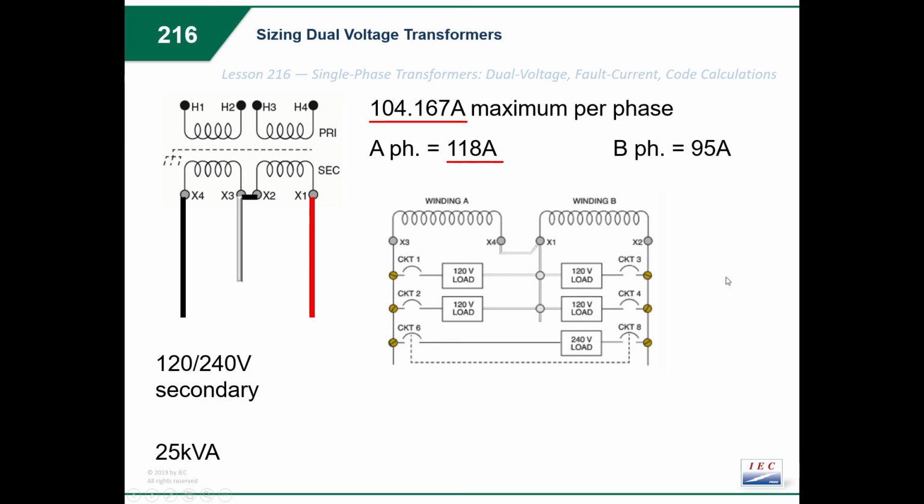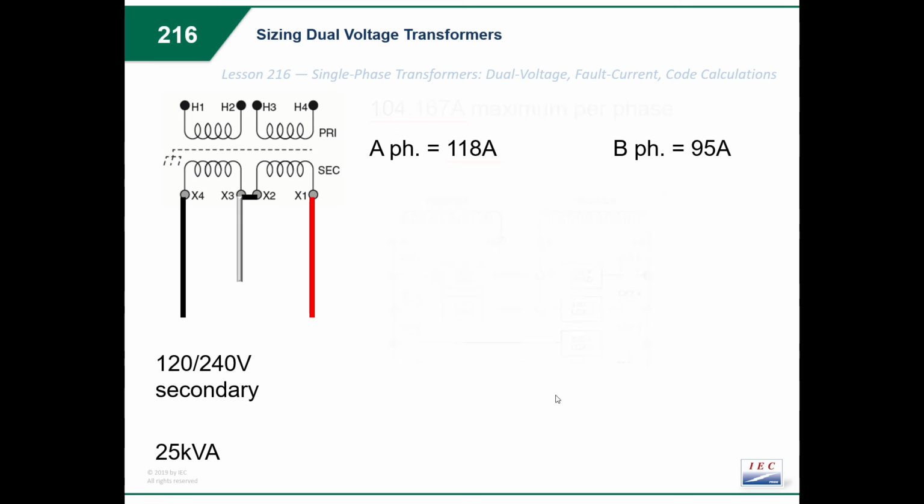So what's the next step? The book goes through this whole discussion. You can tell the guy he's got to get rid of some load, or more realistically, we need a bigger transformer. How do we determine that? Well, the key is, which coil is higher. Of course, your A coil is higher. We need a transformer that can handle at least 118 amps. Now, remember, they rate your transformers in kVA, not amps.